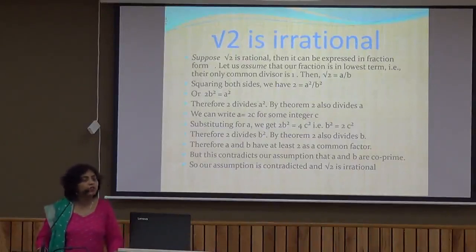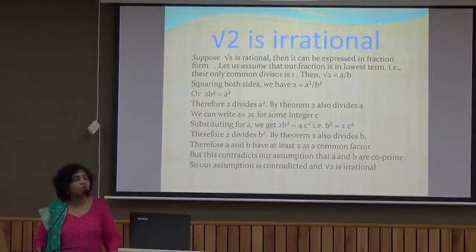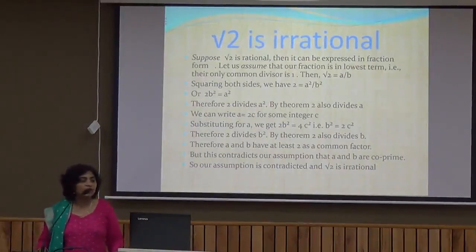Now substituting a equals 2c in our previous equation, we get 2b square as 4c square. Since 2 is common on both sides, we divide the whole equation by 2 to get b square equals 2c square. This equation tells us that 2 divides b square. When 2 divides b square, it shall also divide b.